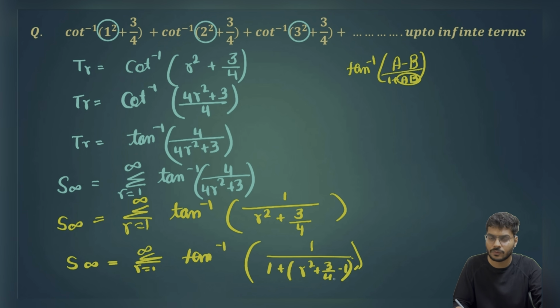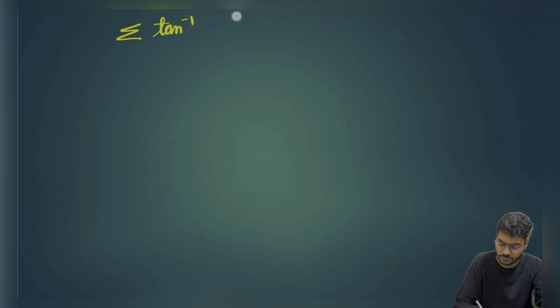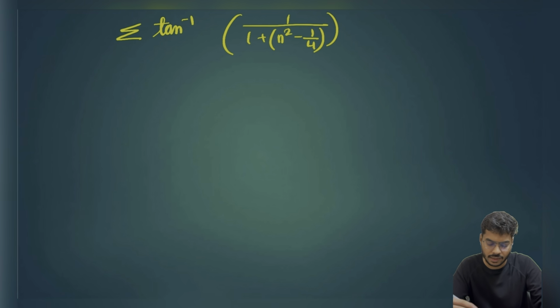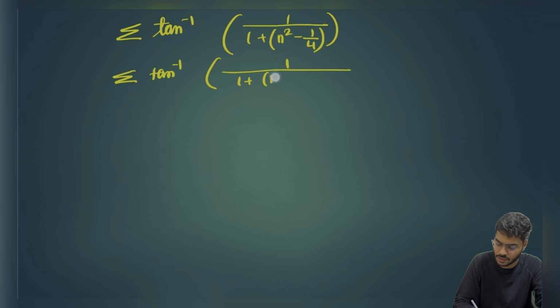So what is 3 by 4 minus 1? Which is nothing but minus 1 by 4. Check if any factors are possible. Can I use a square minus b square? If I use a square minus b square, what is the answer I will get? 1 upon 1 plus (n plus 1 by 2)(n minus 1 by 2), right?